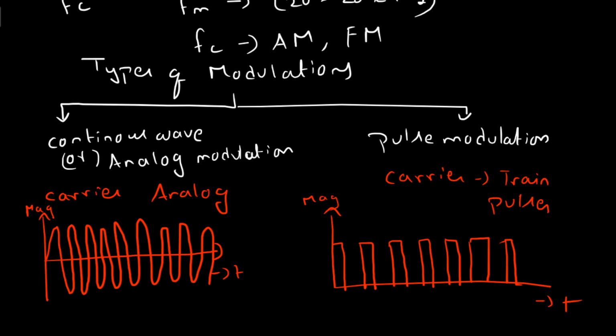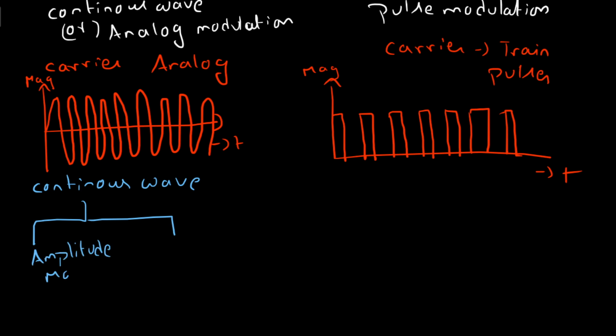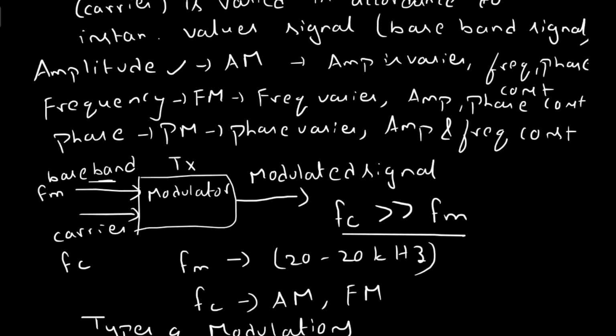Okay, so the continuous wave modulation is classified into two types: one is amplitude modulation and the other is angle modulation. I already told you that if one parameter is varied, the remaining two parameters are constant.